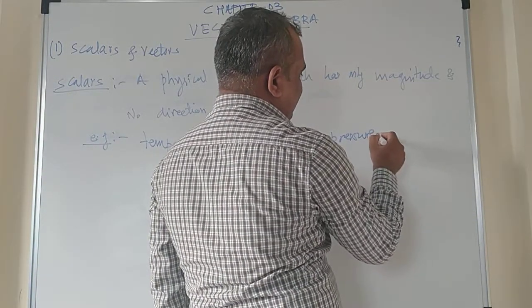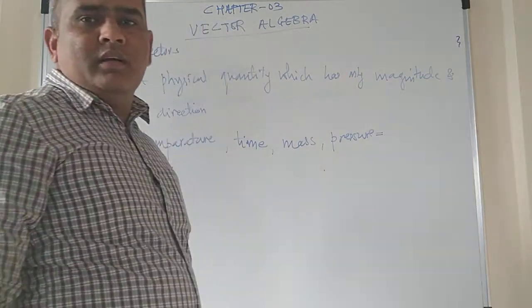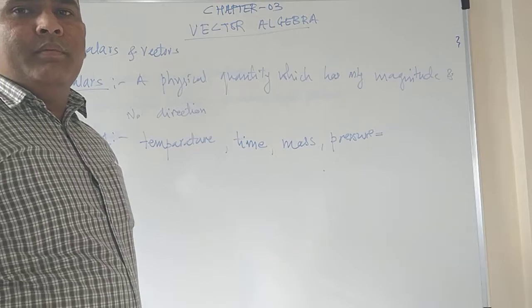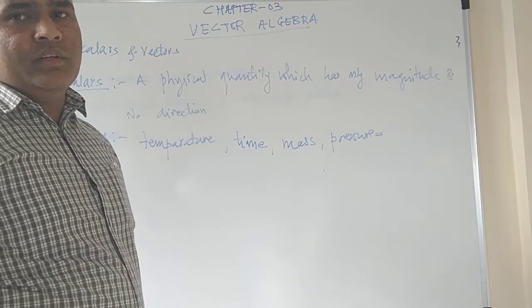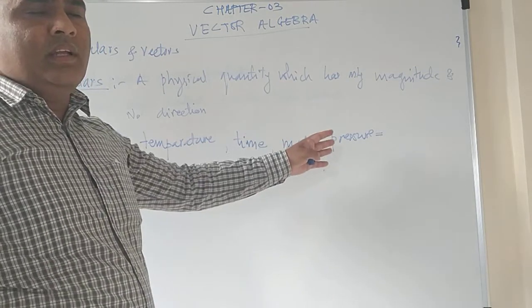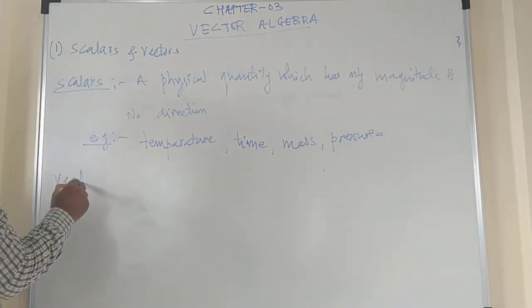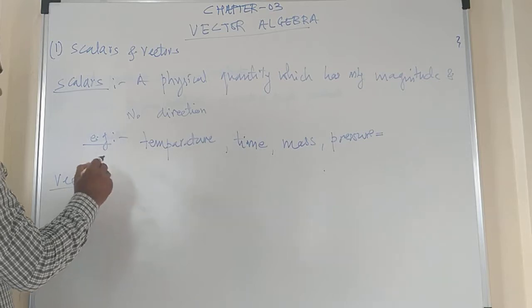Now you may have a question here. Force, pressure is nothing but... okay. We'll see the difference between force and pressure, whether it's a physical quantity or a scalar quantity later on. So let's move on the next definition, that is a vector. Now what do you mean by vector?